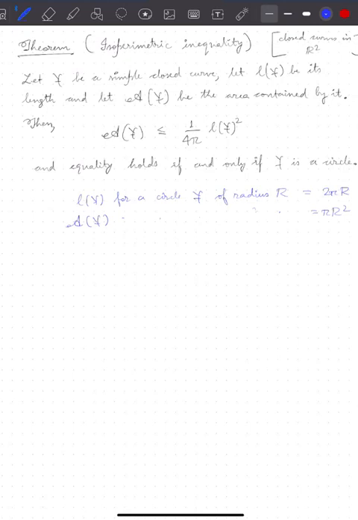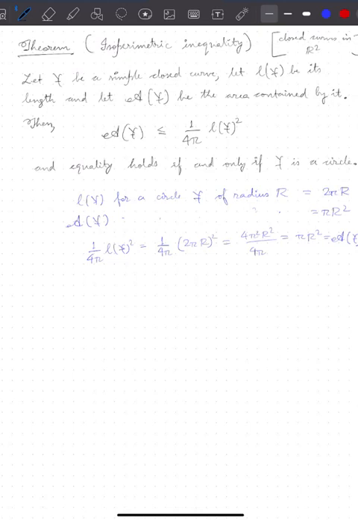And 1 by 4 pi into L of gamma vector squared is equal to 1 by 4 pi into 2 pi r whole squared, which is 4 pi squared r squared by 4 pi. And this gives pi r squared, which is equal to the area bound by the interior of the simple closed curve, right?